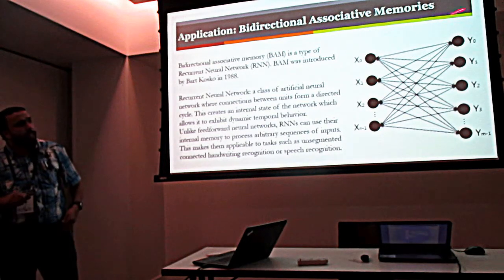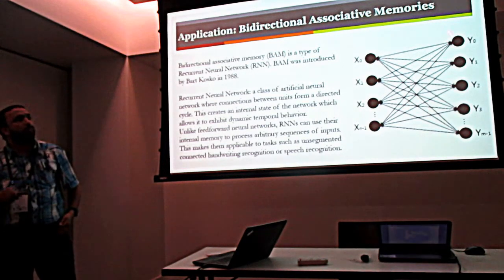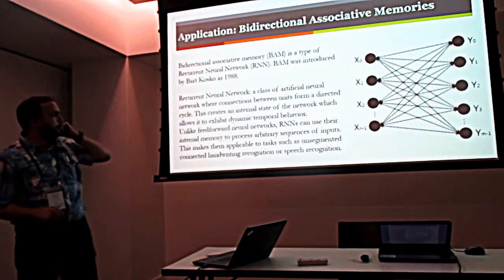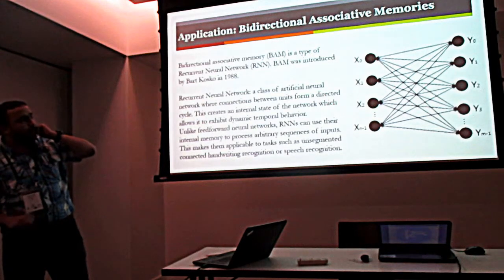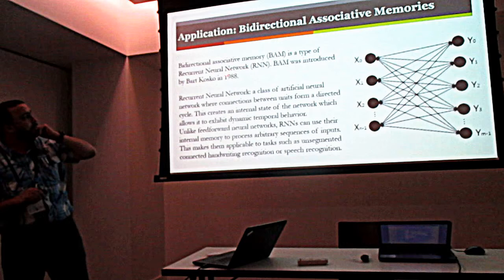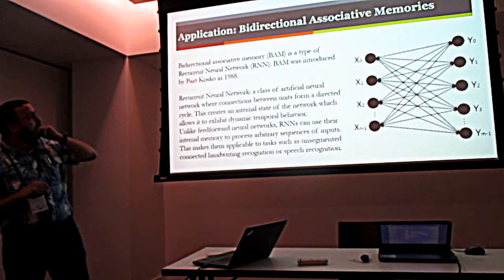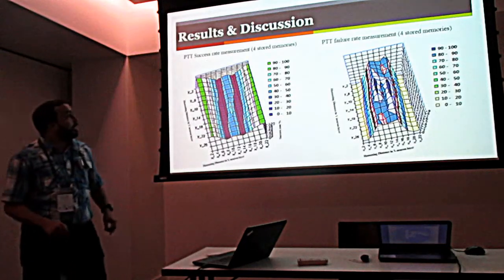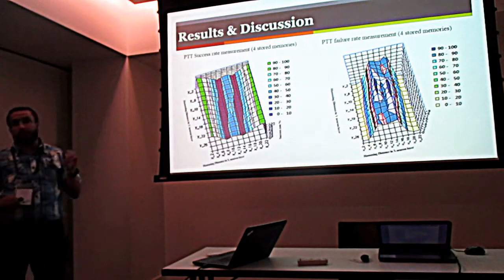So this is the content addressable memory that we want to use as an application for our technique. It's worth noting that this network was devised by Bart Kosko in the 1980s. And then we present our results.